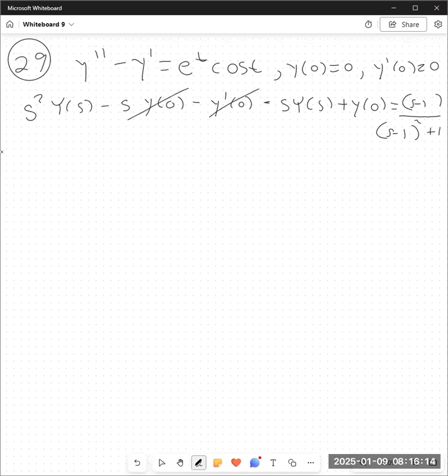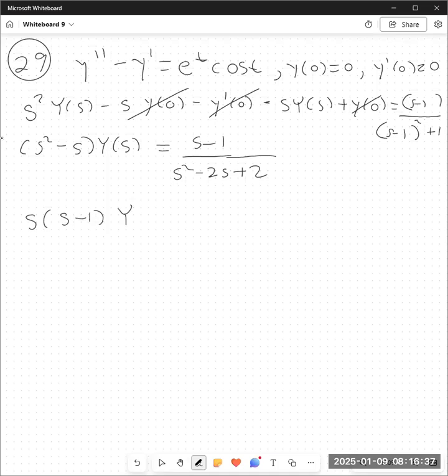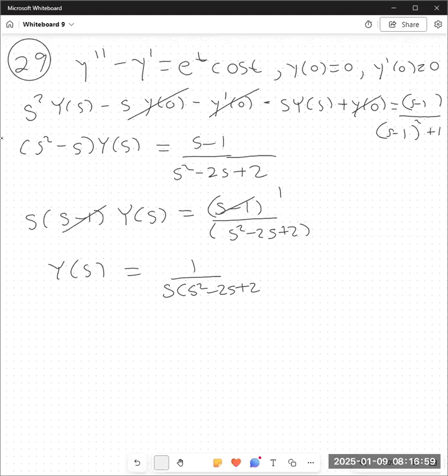So let's go ahead and expand that on the right when I condense on the left. My y(0), my y'(0) terms are 0, leaving me with (s² - s) Y(s) equal to (s - 1) over s² - 2s + 1 + 1, which is s² - 2s + 2. And this is s times (s - 1) Y(s) equal to (s - 1) over s² - 2s + 2. The (s - 1)s will cancel out on both sides, leaving me with Y(s) is 1 over s times (s² - 2s + 2).